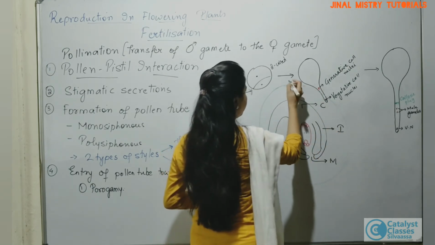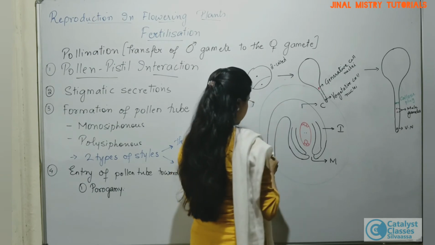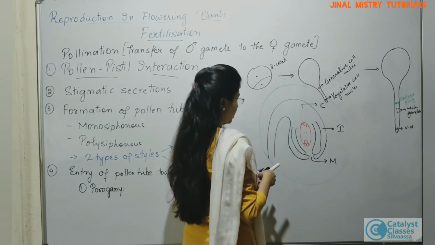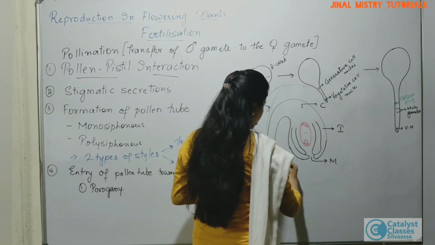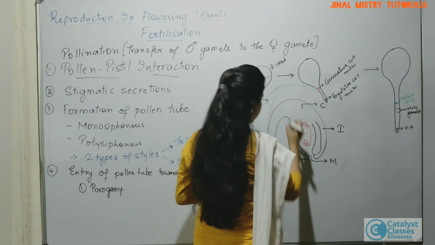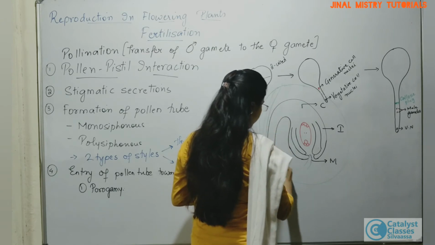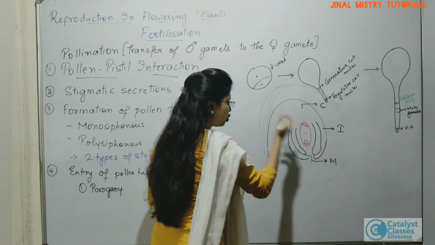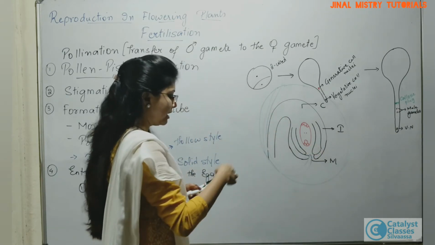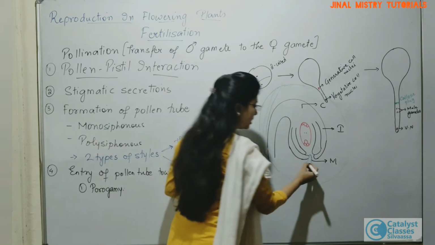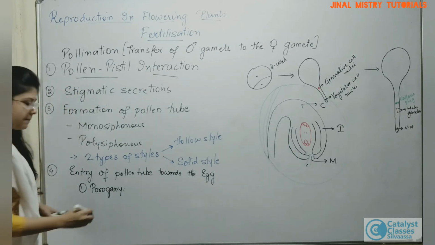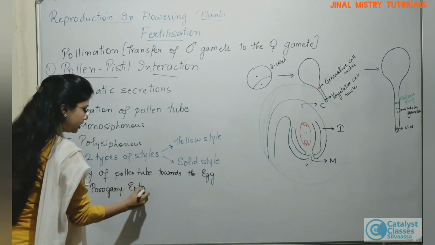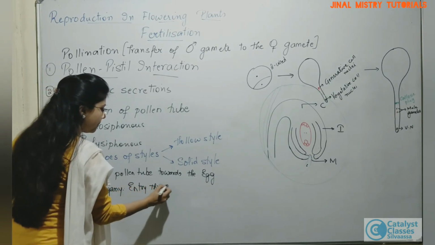If the pollen tube enters through the micropylar end carrying the male gametes, then that type of entry will be termed porogamy. Entry is through the micropyle.